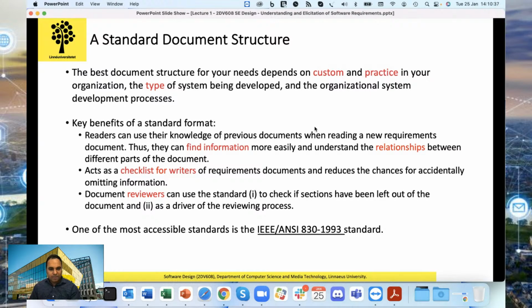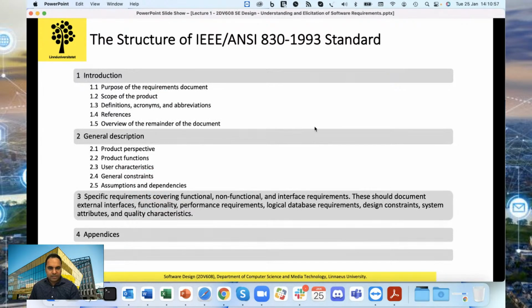One of the most common standards for the structure of a requirements document, for what will be in it, is defined by the IEEE 830.193 standard. This is a structure that should be followed by a good requirements document.